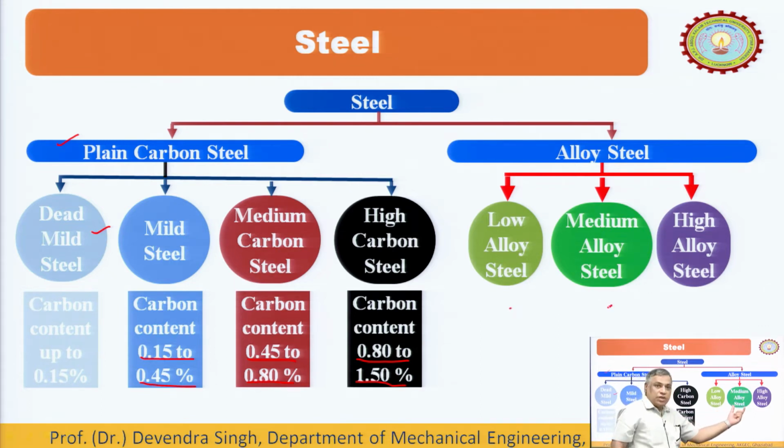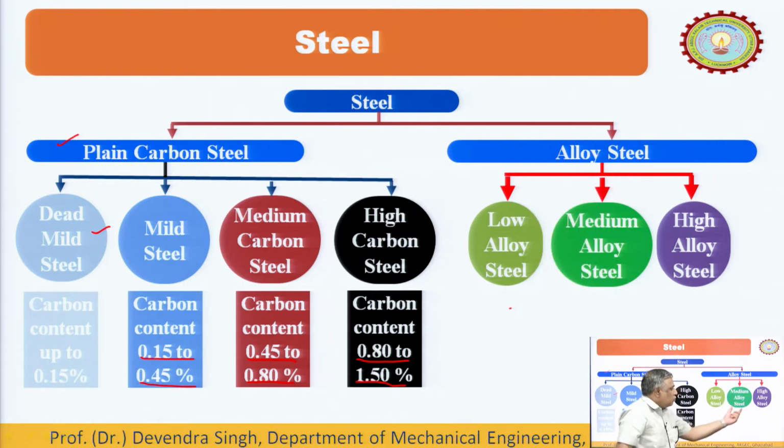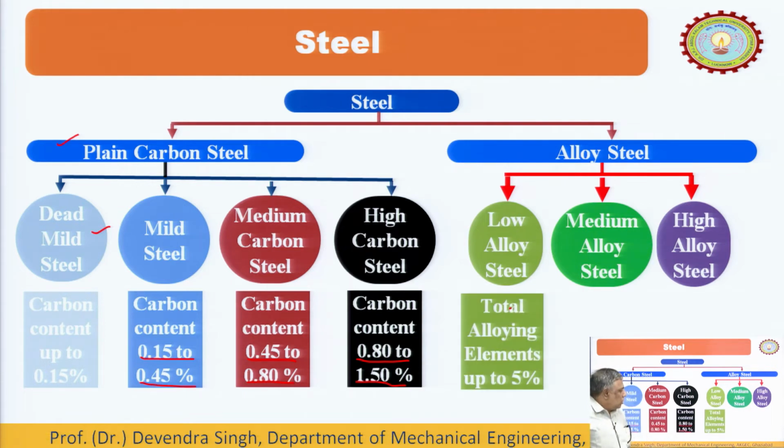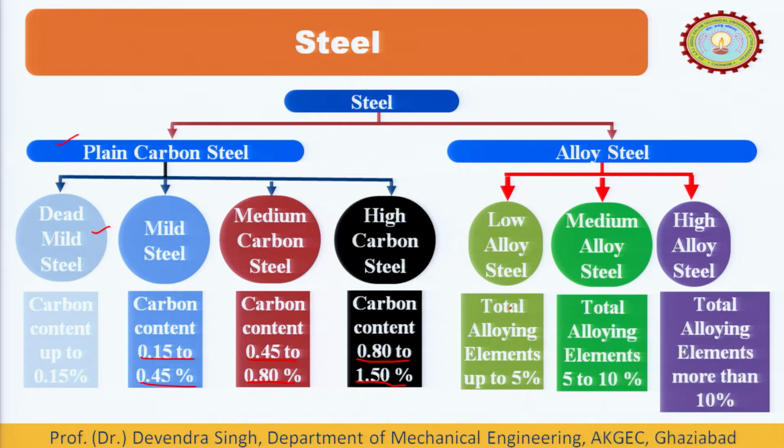If it is 5 to 10%, then medium alloy steel. If it is more than 10%, this is high alloy steel.